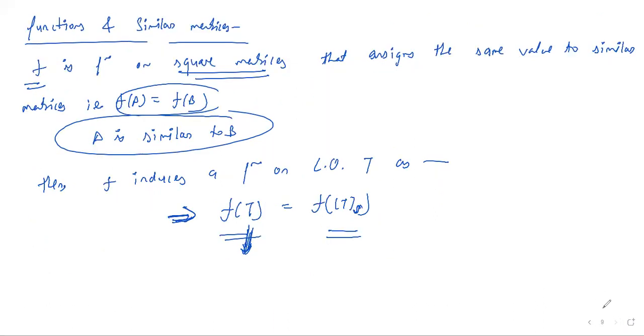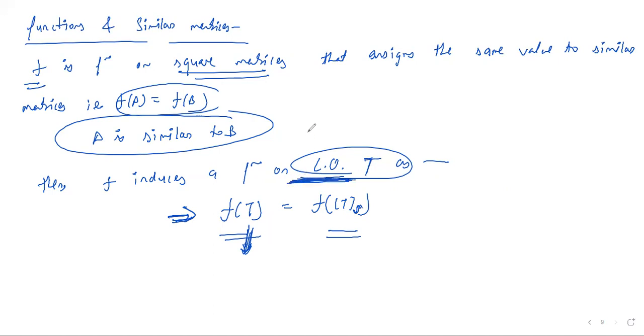Okay, and this is due to this property of functions and matrices: if I have a function on the square matrices which assigns the same value to similar matrices, that is f(A) equals f(B), then this function induces a very important function on the linear operator T. It should be noted that it is on the linear operator.